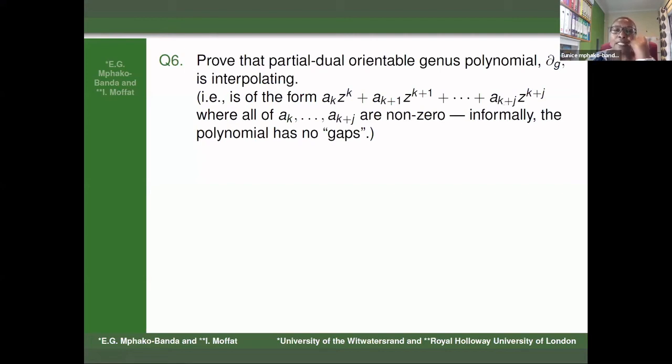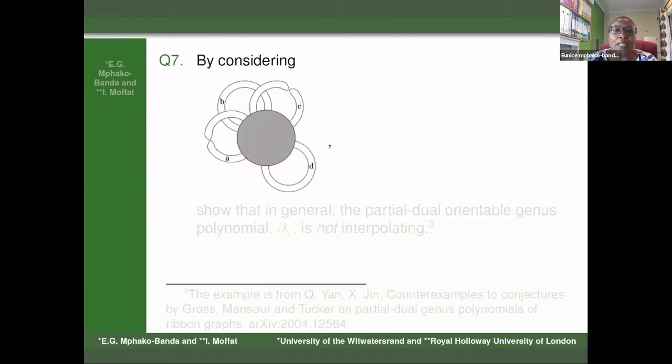So you can see that from all those concepts, we are building up to a lot of questions and problems which one can solve. And question number 7, which one can do, is by considering this graph, which I've given here.